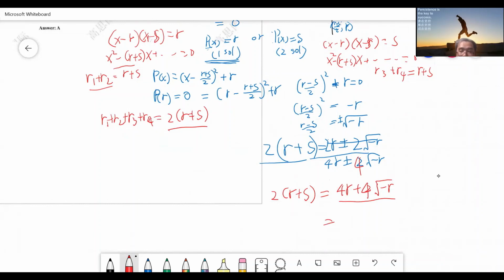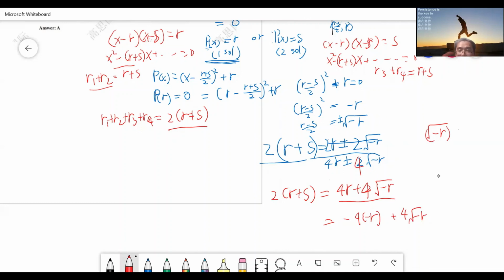You can see negative r under the square root. So this is going to be minus 4 times negative r. So negative r must be positive, right? So then plus 4 square root of negative r.